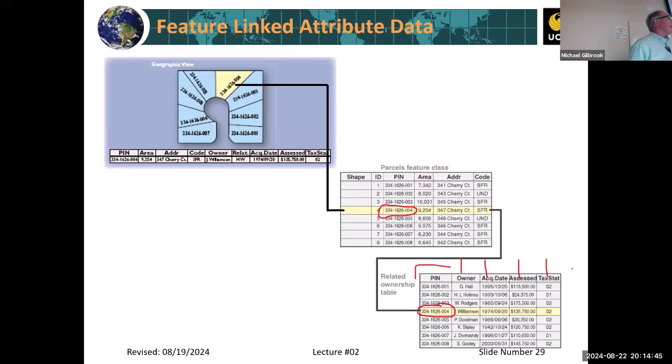You can do this with anything. Roads, fire hydrants, wetlands. You will in fact do this with wetlands. When you digitize wetlands three weeks from now, you will give every wetland an ID number, and then there'll be a separate table that was created by the biologist who identified the wetland, and it's got all the information about the wetland, and you will use this technique to join the wetland data up with each wetland.